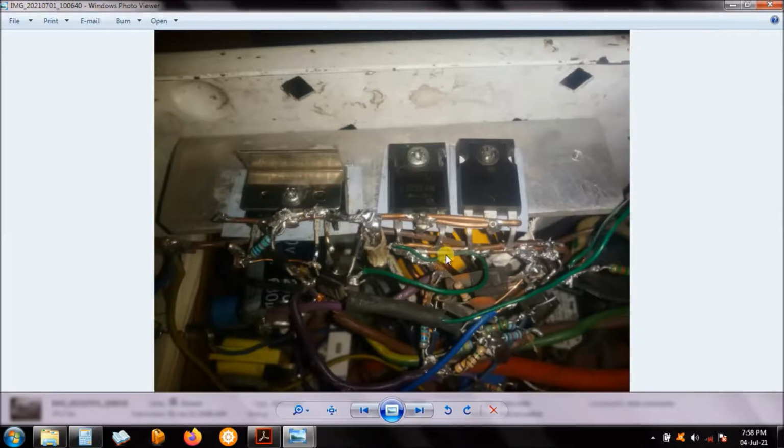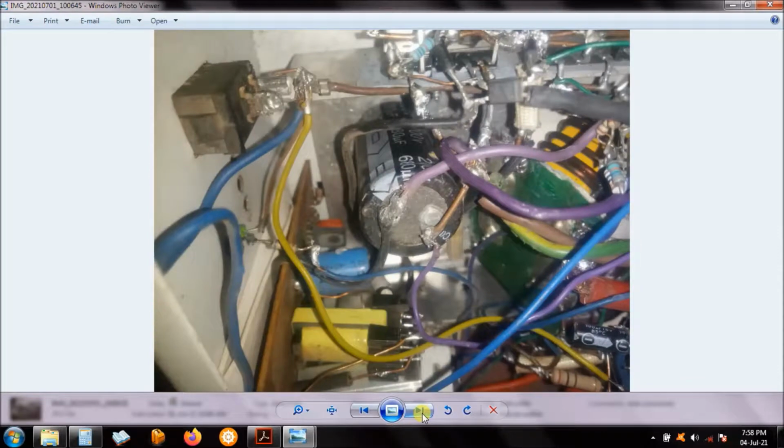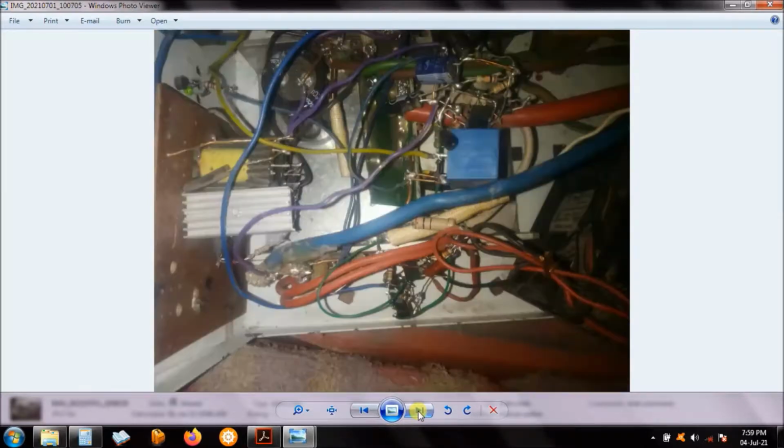The choke or the inductor is here. MOSFETs there. Right, and then I can just say closer. Power supply transformer here. That's the transformer. The transistors for the relaxation oscillator. That's one of them. The capacitor there. And then what else? Right.